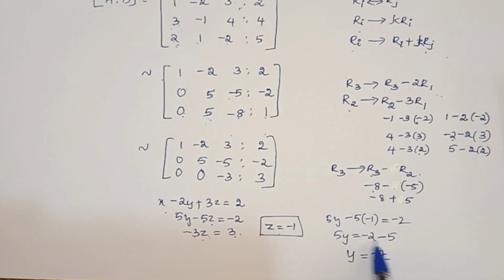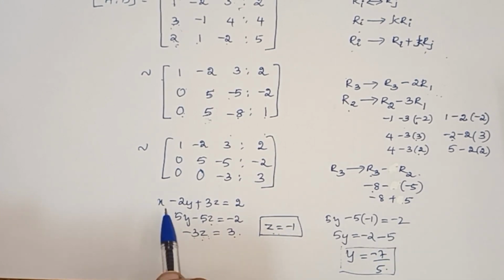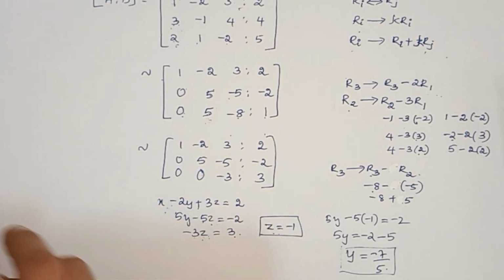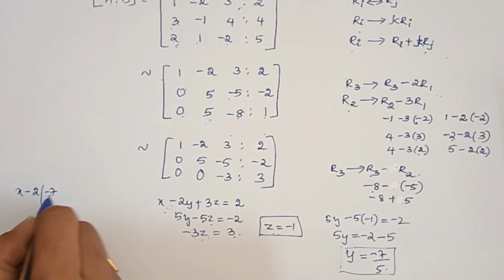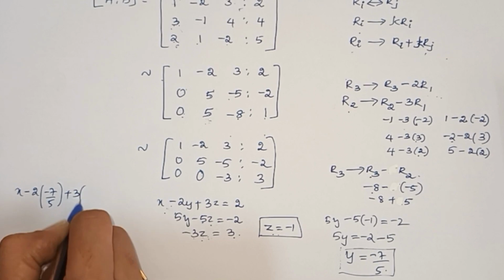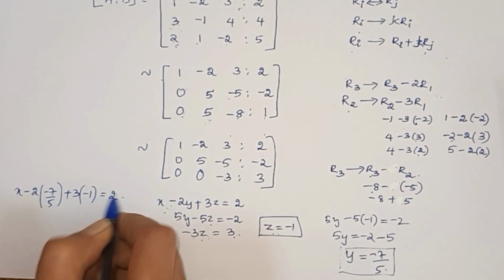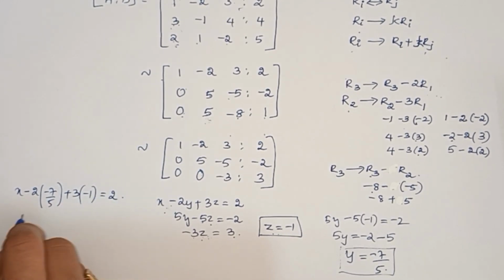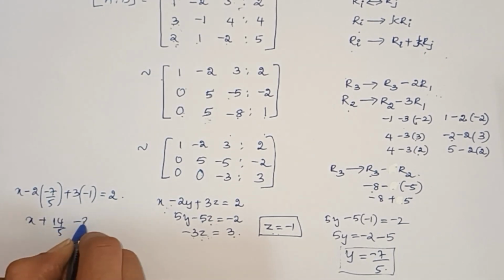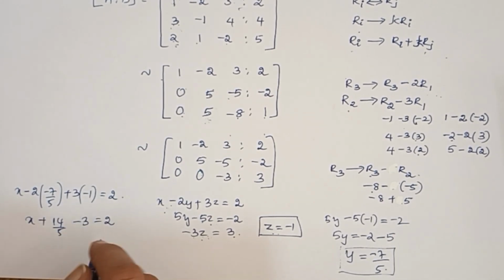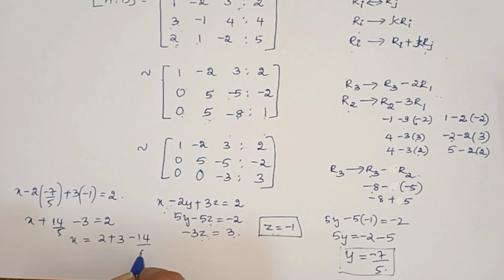Now this value of y and z has to be substituted in the first equation. I will write here x minus 2 into -7 by 5 plus 3 into -1 equal to 2. So which gives you x plus 14 by 5 minus 3 equal to 2. So x equal to 2 plus 3 minus 14 by 5.